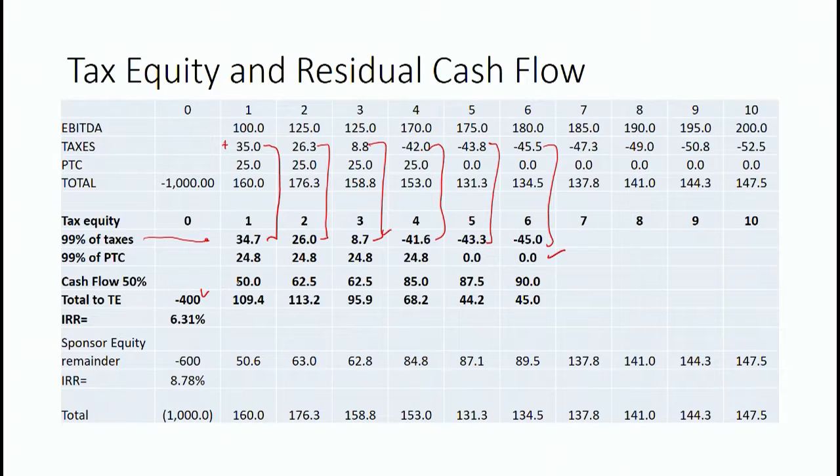Down here they get 50% of the equity flows, and the equity cash flows is the EBITDA. So they get 50% of the EBITDA, and this is this. So their total cash flows, they invest $400 million, and these are the cash flows that they receive. And what they wind up with is an IRR on their investment of 6.31.